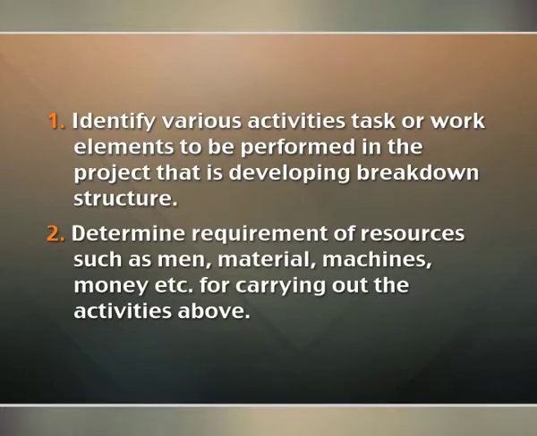The various steps are as follows. Number 1. Identify various activities, tasks or work elements to be performed in the project, that is, developing a work breakdown structure. Number 2. Determine the requirement of resources such as men, materials, machines, money, etc. for carrying out the activities above.